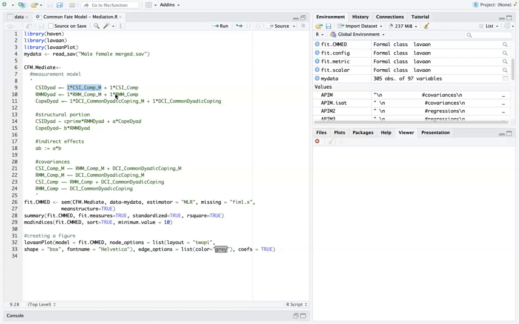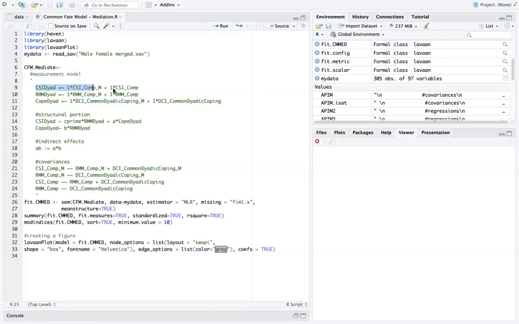If you're a multi-level modeler, it exists at level 2, and you have each individual at level 1. The way I like to think about this is that the relationship level dyadic coping theoretically causes each partner's response on the observed measure that we have in our data file, right?